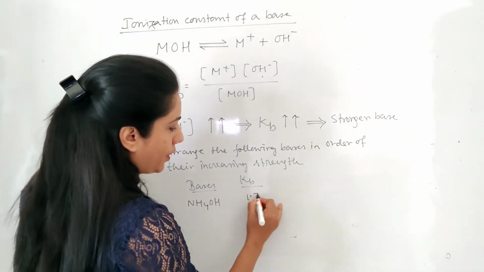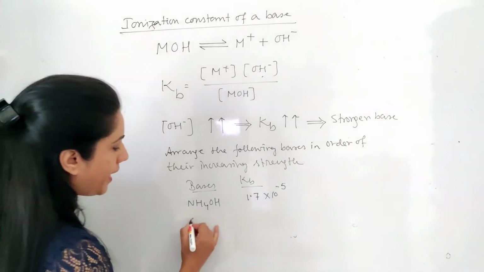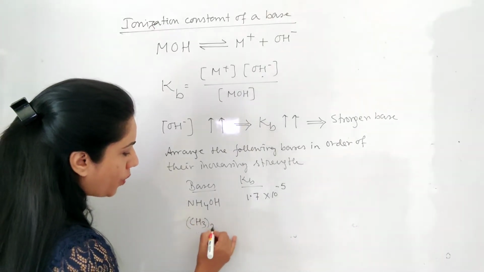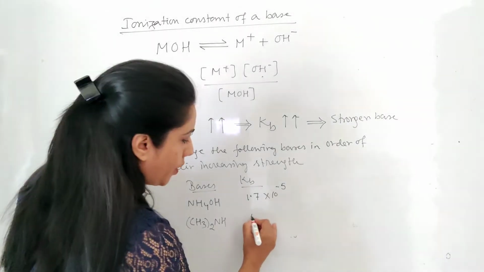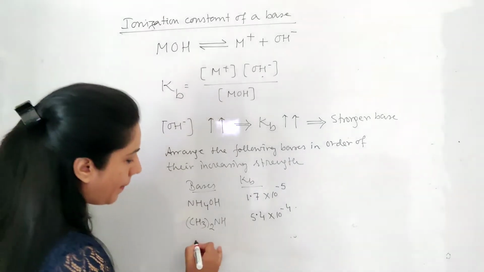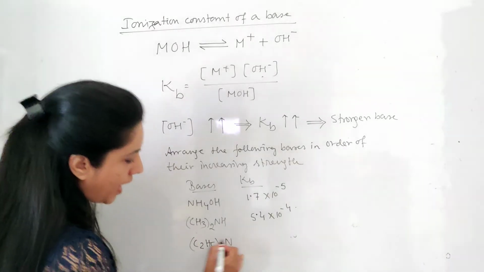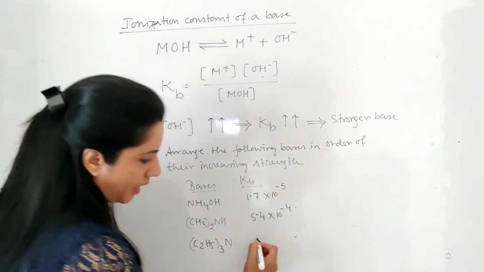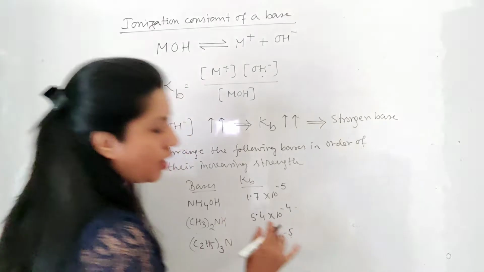The Kb value for this is 1.7 into 10 raised to power minus 5. Next is (CH3)2NH, dimethylamine. Kb value is 5.4 into 10 raised to power minus 4. Next is (C2H5)3N, triethylamine, and the Kb value for this is 6.4 into 10 raised to power minus 4.